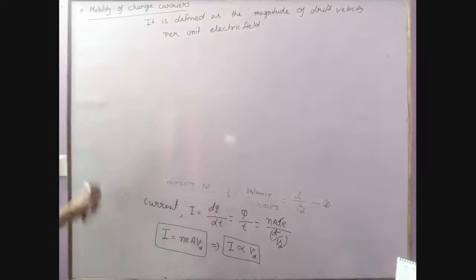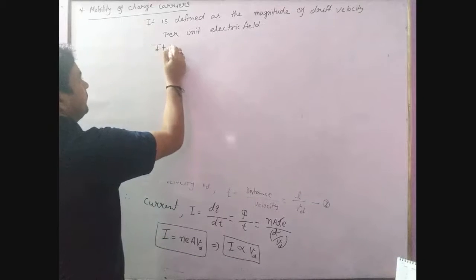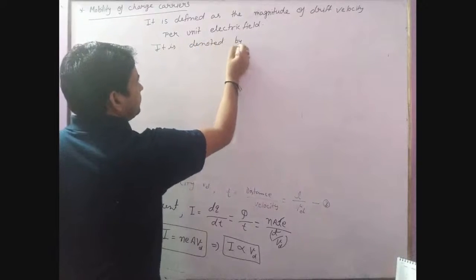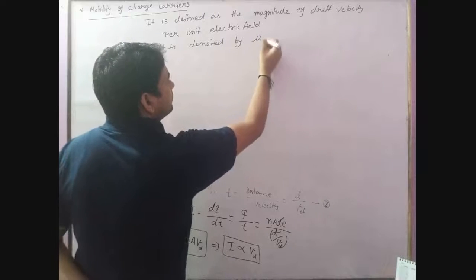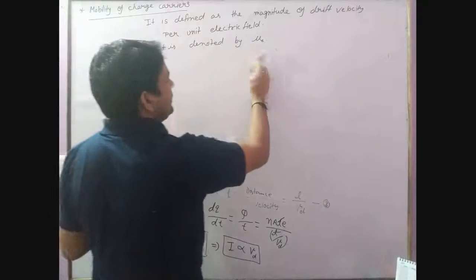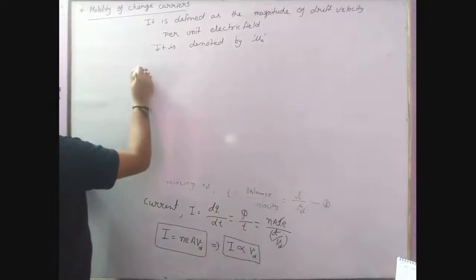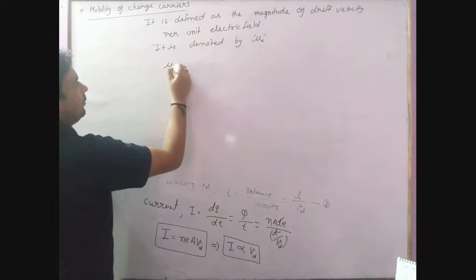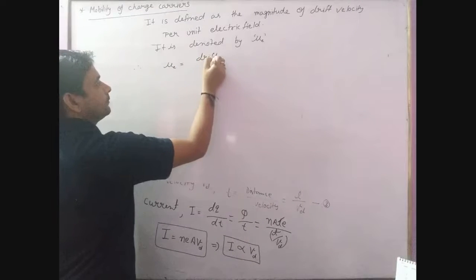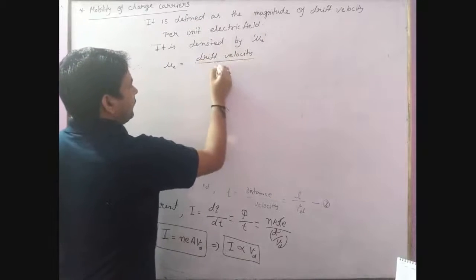It is denoted by mu E, E for electron, or you can say charge. Therefore according to the definition, the mobility of charge carrier is drift velocity to electric field.